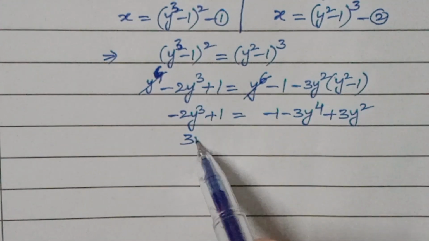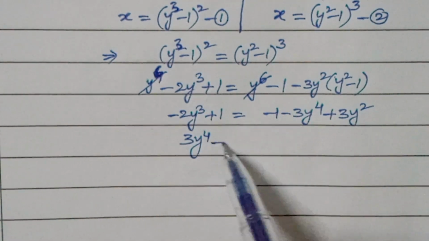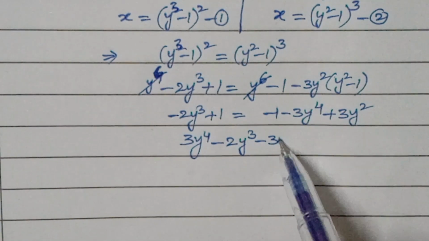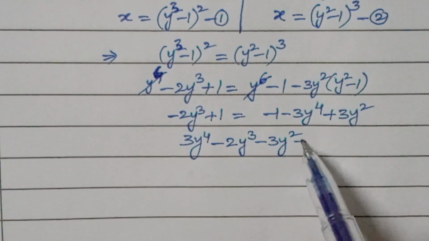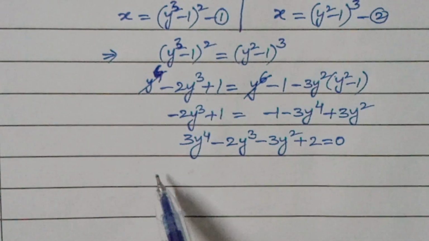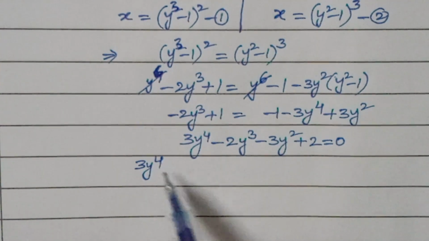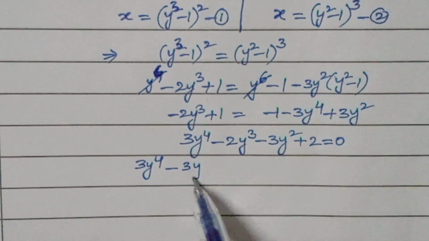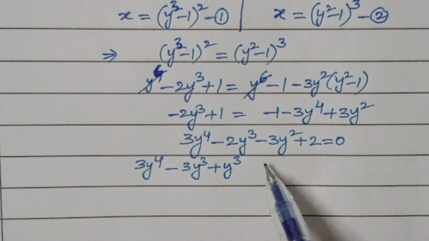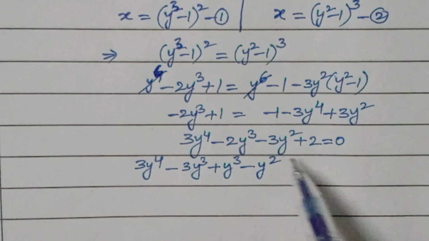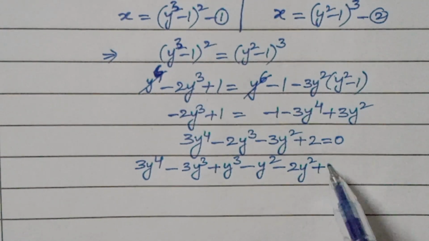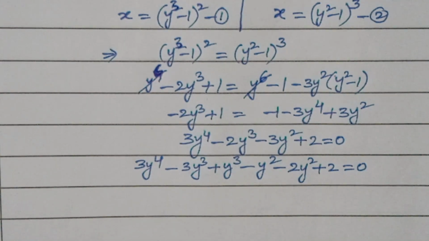So here we'll get 3y power 4 minus 2y cube, sending all the terms to one side, minus 3y square plus 2 equal to 0. Here we do some adjustment: 3y power 4 minus 3y cube plus y cube minus y square minus 2y square plus 2 equal to 0.